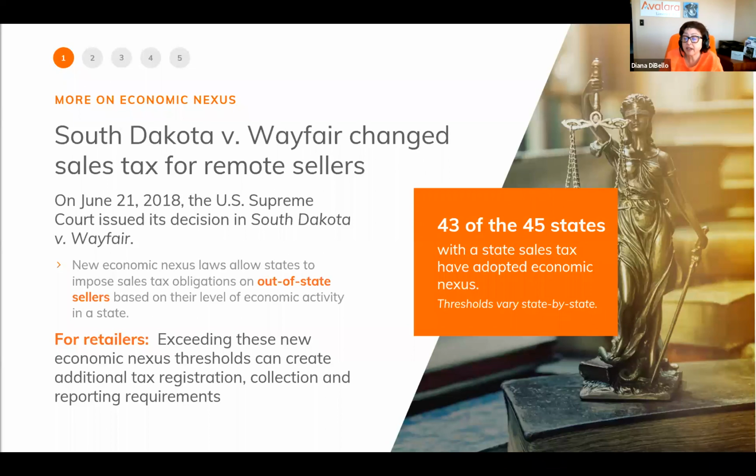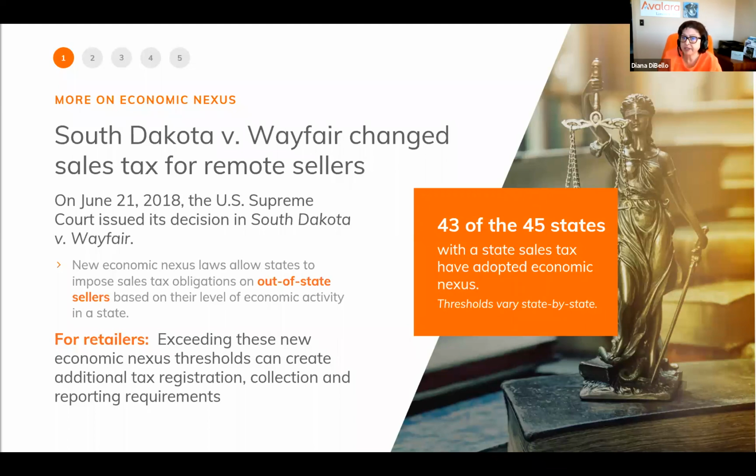So this caused an avalanche of laws from all the different states to implement an economic threshold. To date, 43 of the 45 states that have a state sales tax have adopted economic nexus thresholds. And even Alaska, which does not have a state sales tax but has numerous local sales taxes, many of the locals in Alaska have implemented economic threshold laws.